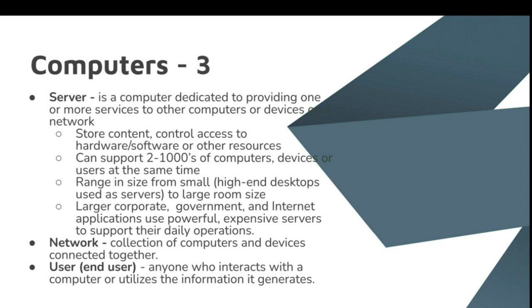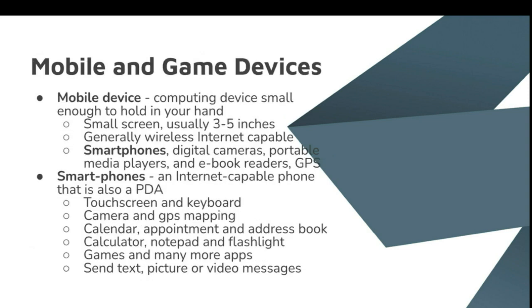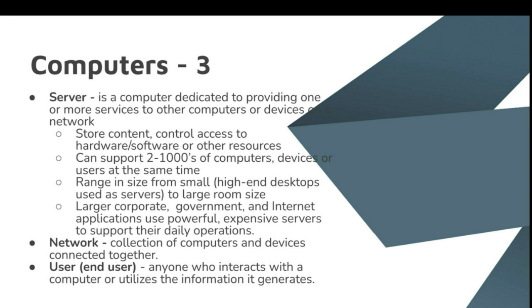It can range in size from small, which can be a high-end desktop, or large, up to room size. So servers can be used by large corporate, government, and internet applications, and they can use powerful, expensive servers to support their daily operations. A network is a collection of computers and devices connected together.